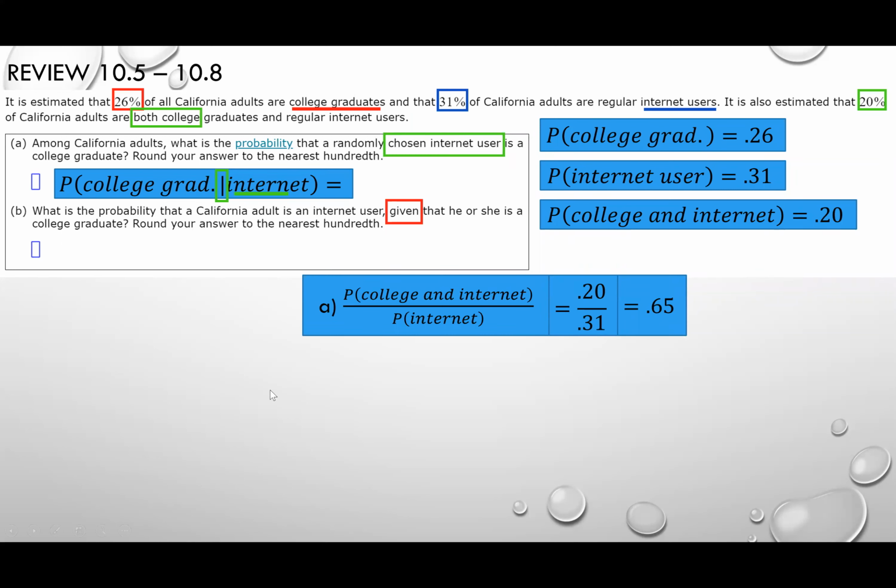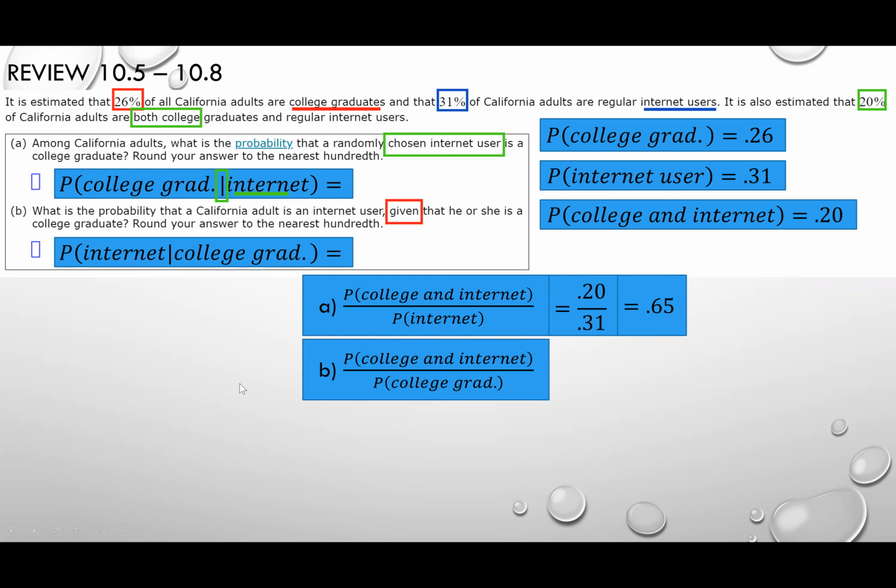This item here for B is easy. Anything after the word given is your new denominator. So following the word given is the college student. So again, my denominator is the college student, and this is what I have: 0.20 divided by 0.26. Question right here, ladies and gentlemen.